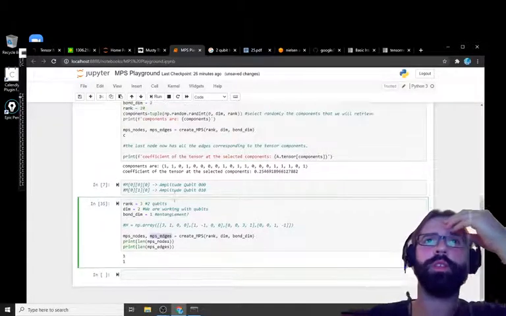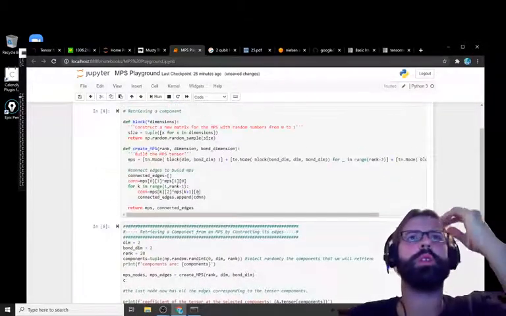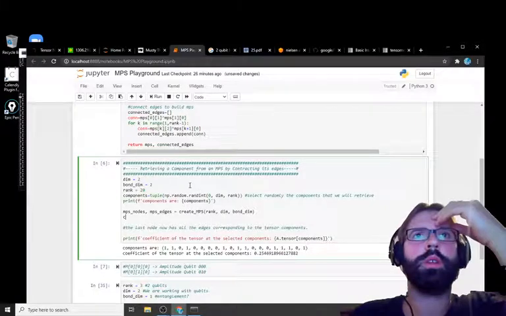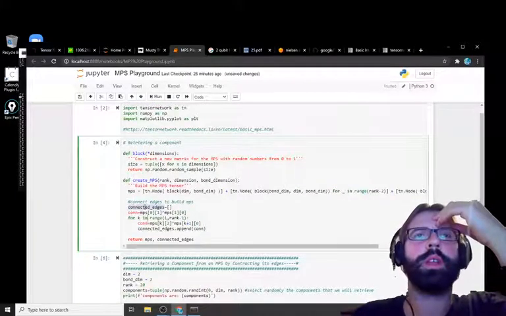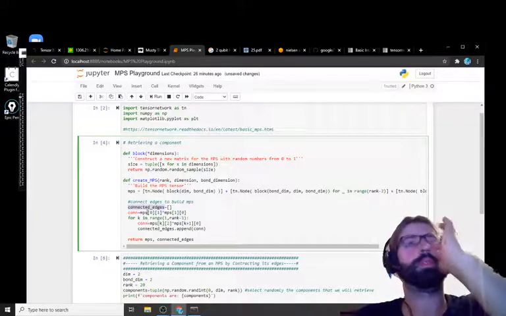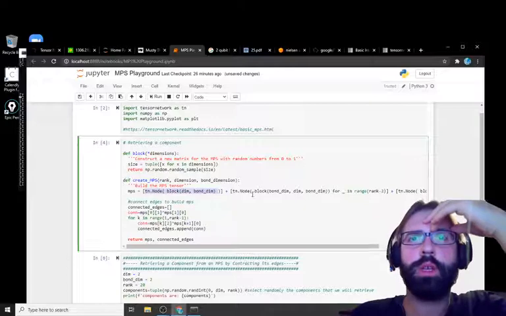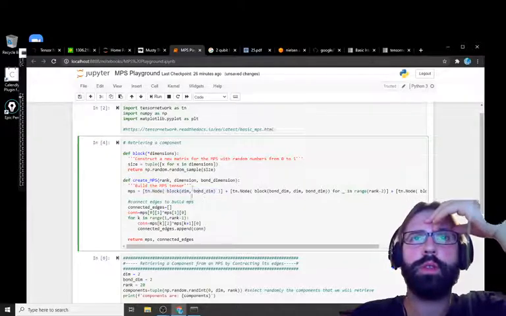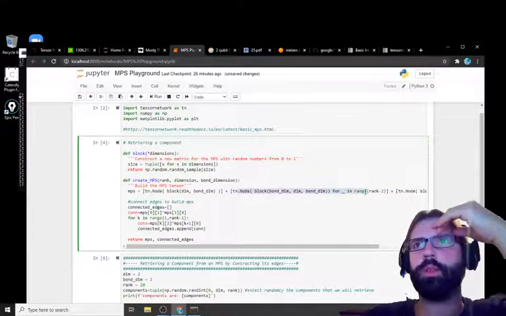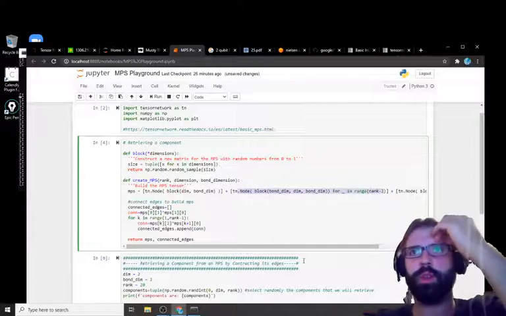What is MPS edges, first of all? Actually, connected edges. So, you create a node. Then you're creating sort of rank-2 nodes.